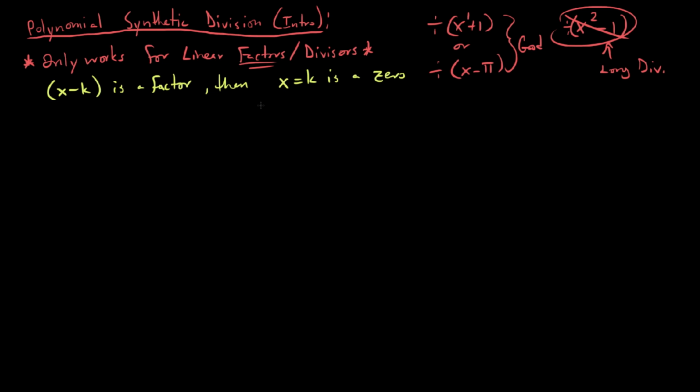I mention this because with synthetic division, let's say I wanted to divide a polynomial by x minus k, and that's my factor. When we do this, we actually have to use the reverse of k, or we would use positive k as opposed to negative k.